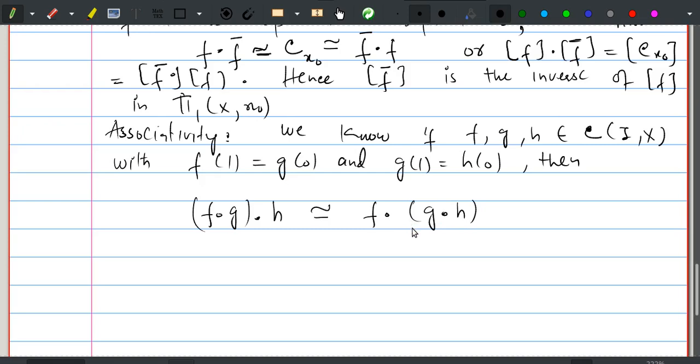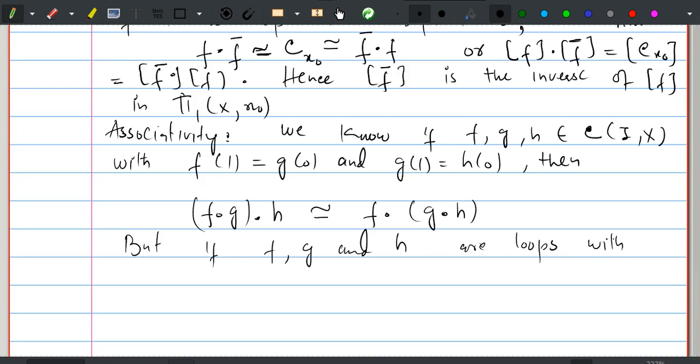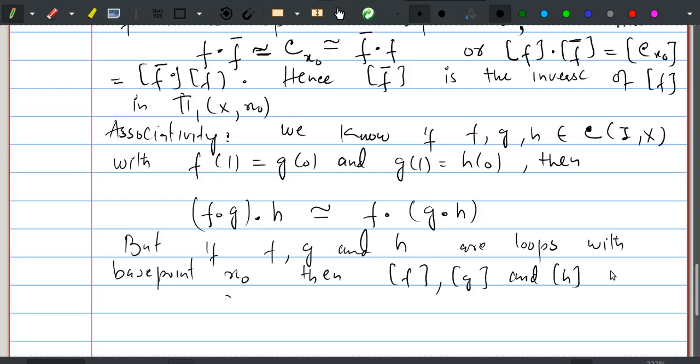So these two are homotopic. But here f, g and h are loops with base point x naught, then obviously these classes of f, g and h belong to this set here.